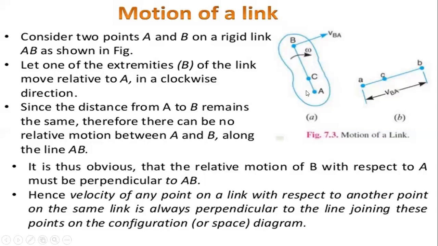So we are fixing AB as a rigid link, but at the other point, that is the B position, the link is moving in the direction perpendicular to the link AB. This is what is shown in the space diagram, so you can see the motion of a link in the space diagram.